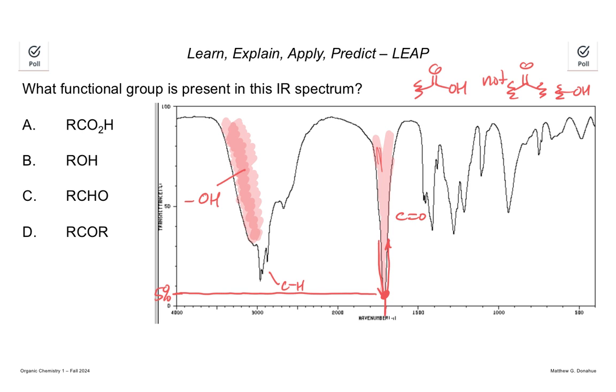So for a carboxylic acid, you're looking for this broad signal. When I say broad, I mean if I draw a line down where the signal starts to where it's terminating, see how it's spanning quite a distance in wave numbers? That's what I would mean by broad.